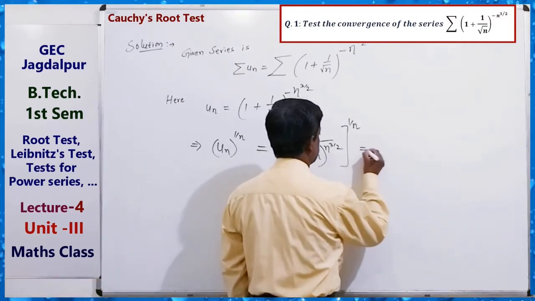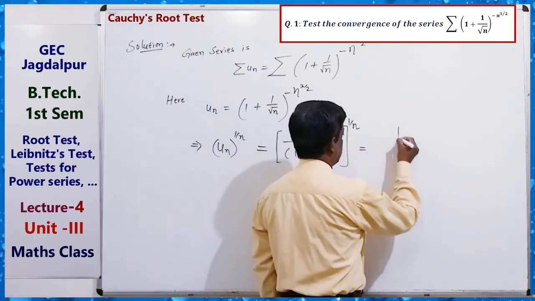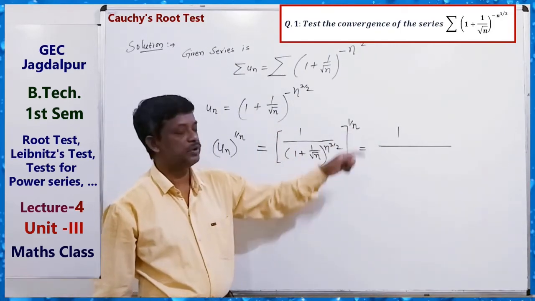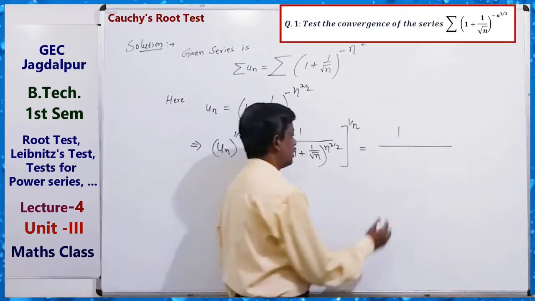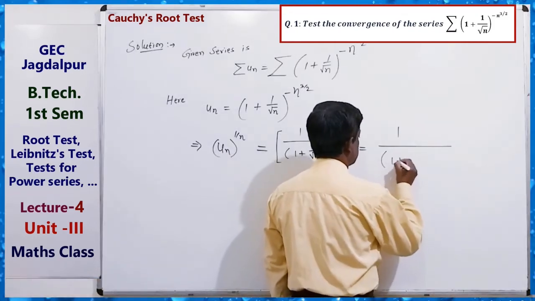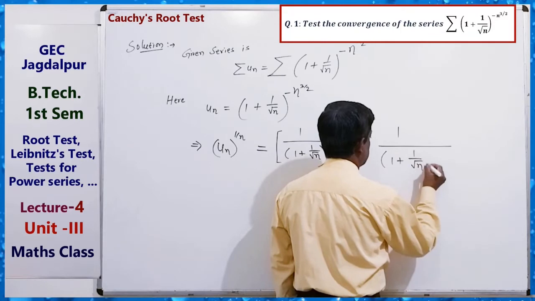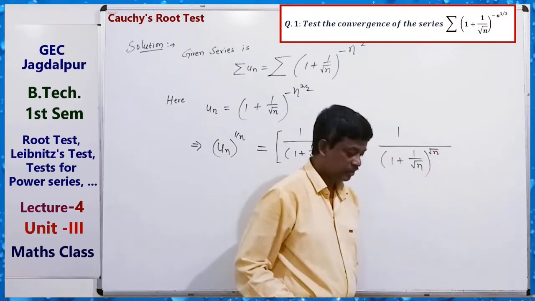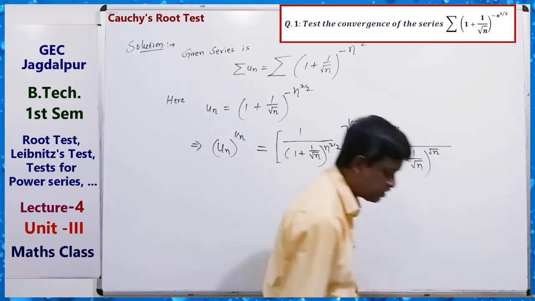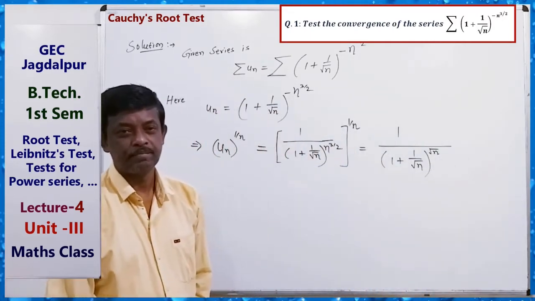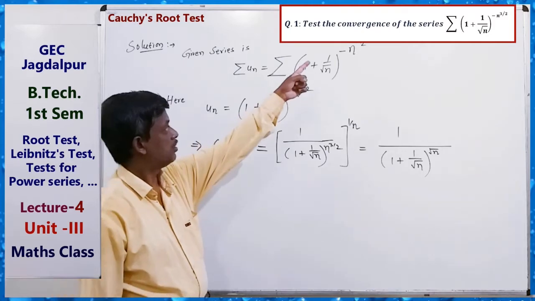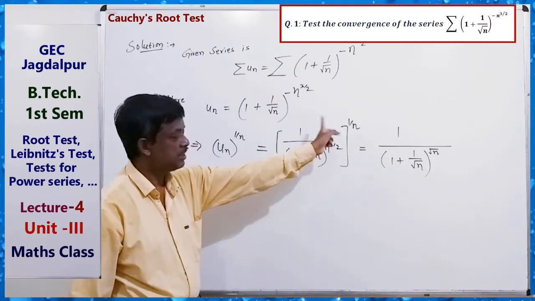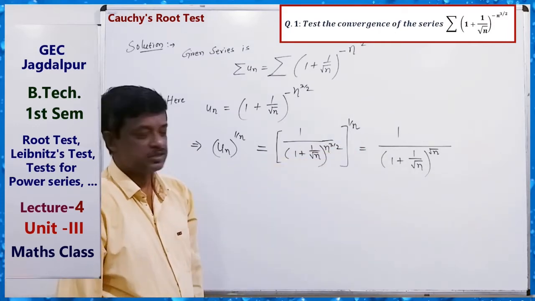So this can be written as 1 upon 1 plus 1 by root n, to the power n to the power 3 by 2 divided by n, that is root n. So this tends to what?